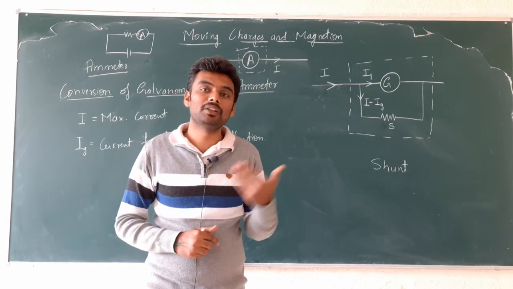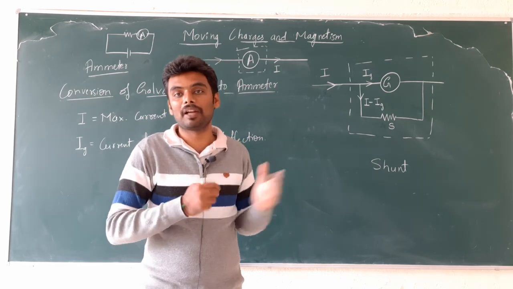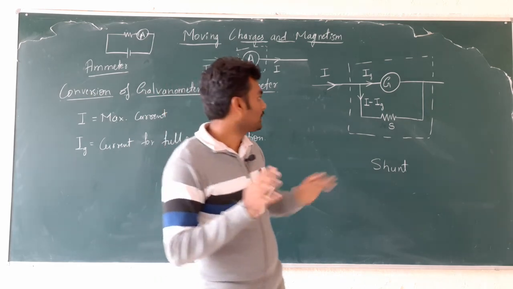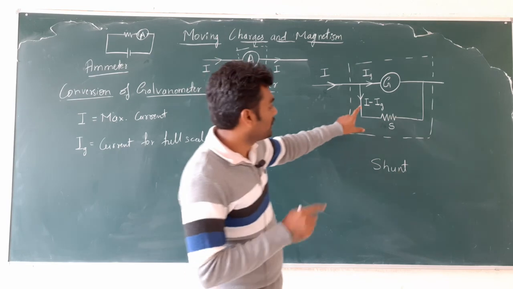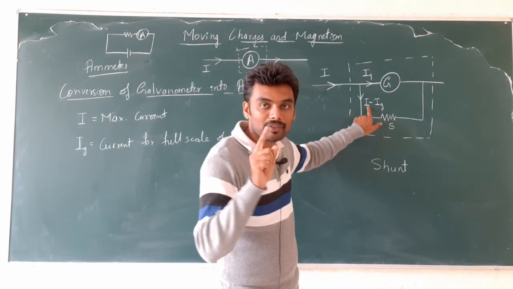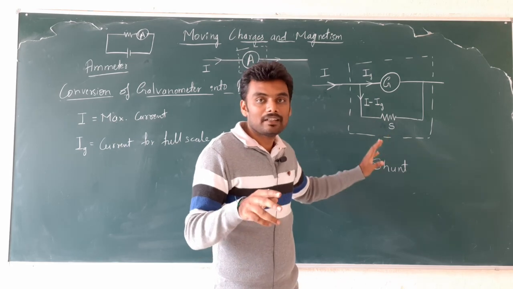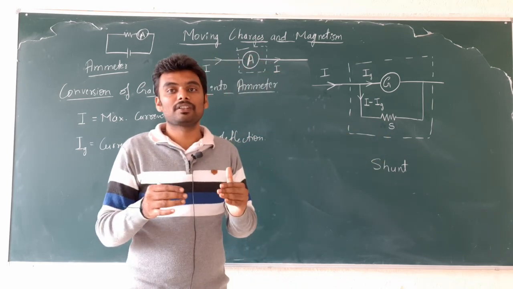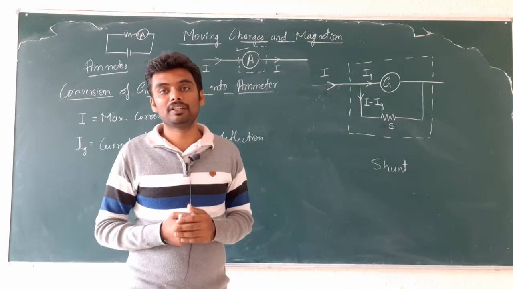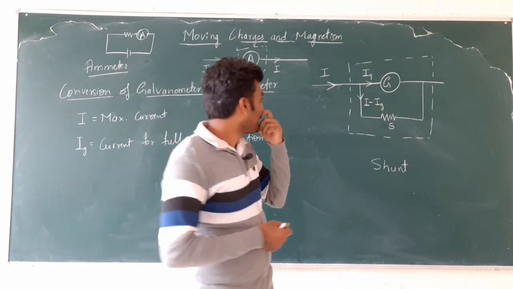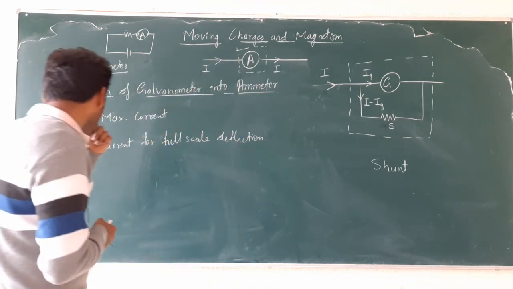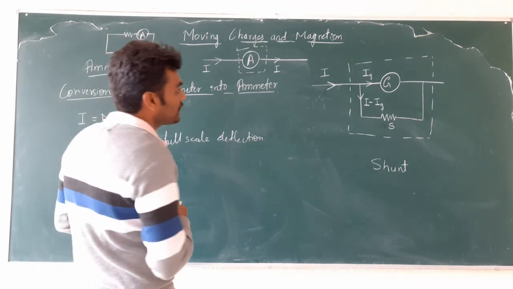For different values of S, I get different ranges of ammeters. Following? So if I get a relation between I, the maximum current that we need to measure, and S, then we can choose the shunt resistance for a particular ammeter that we need to design. So let me take the relation between I and S now.